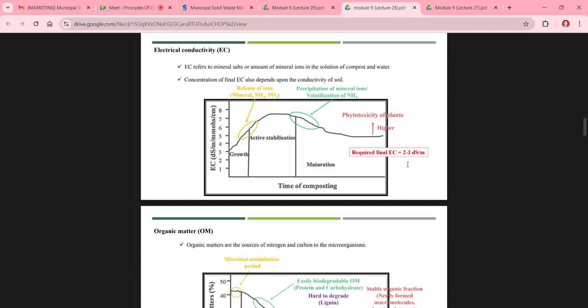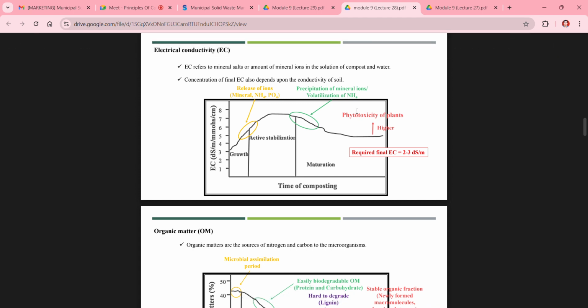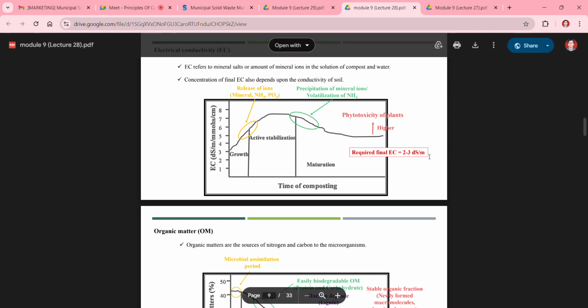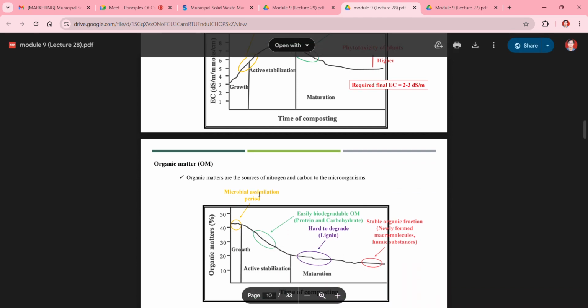As we increase the time of composting, which is why we require that maturation period, during that maturation period we get the optimum electrical conductivity. Phytotoxicity to plants is going to be higher due to the volatilization of the NH4 contents and precipitation of mineral ions during this maturation period. So electrical conductivity will be around 2 to 3 dS per m.